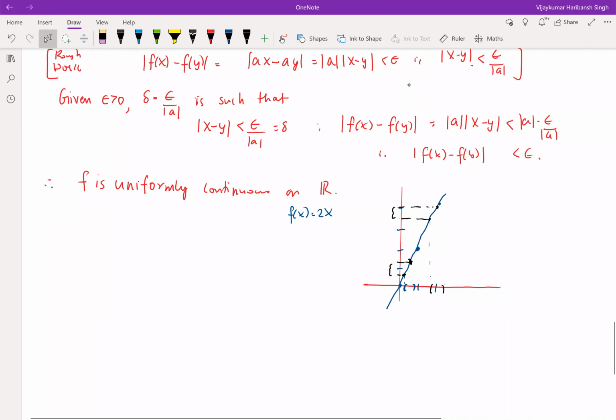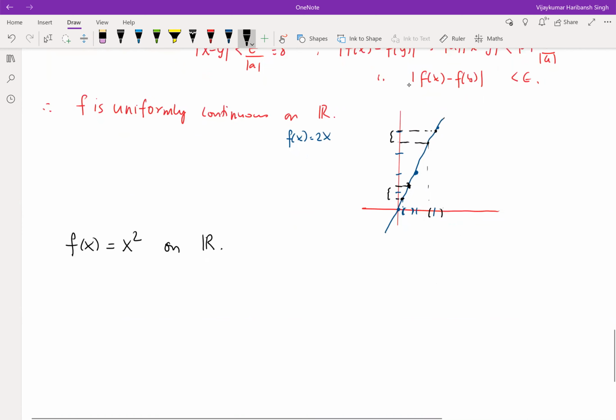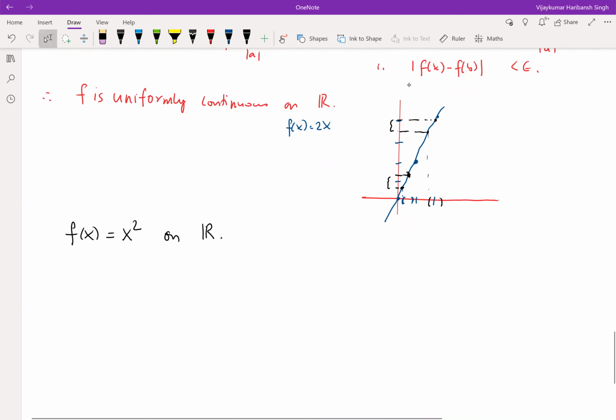Now, let me give you an example of a function which is not uniformly continuous. Take f of x equals x squared on R. Now, why is this guy not uniformly continuous?